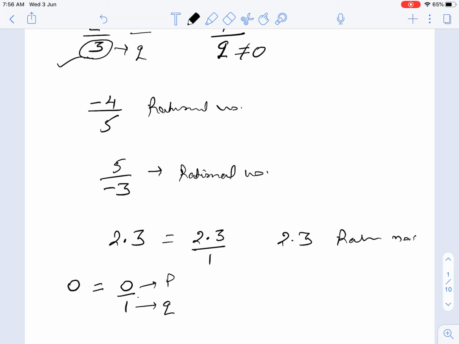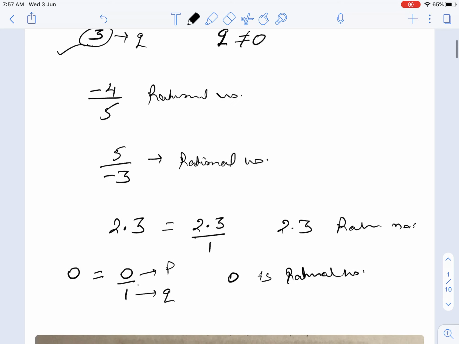Yes, it is also a rational number. Why? Because our denominator is not equal to 0. Listen to the condition once again: our denominator should not be equal to 0. No matter if the numerator is 0, it can still be a rational number. So we can say that 0 is also a rational number.